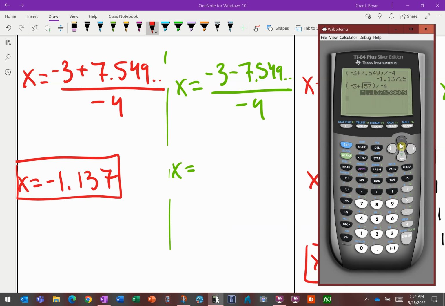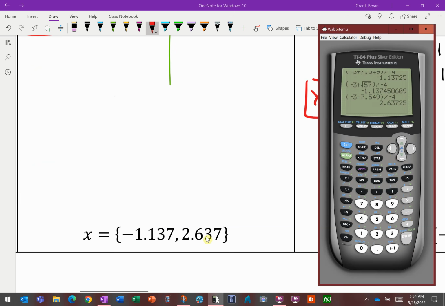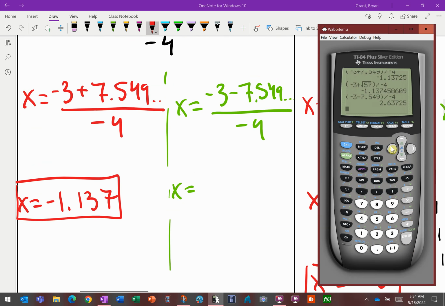And so I'm going to go ahead and copy the less accurate one and change this to a minus so I can do the green one pretty quickly. Save me from having to slowly retype. 2.637, that matches, that's good. I wonder how close that is if I use the actual square root of 57. Now, of course, the calculator doesn't have the actual square root of 57 either.